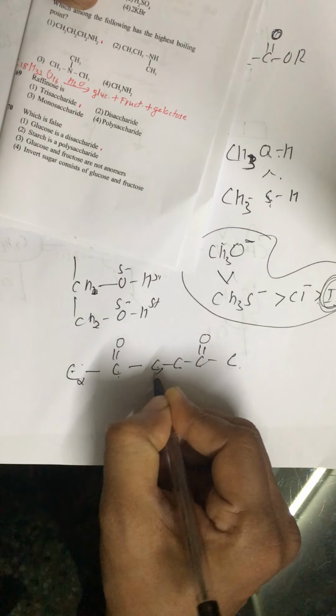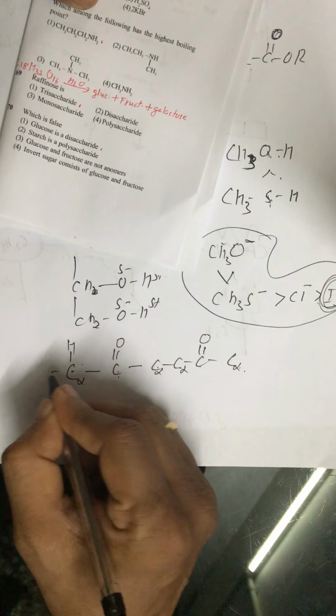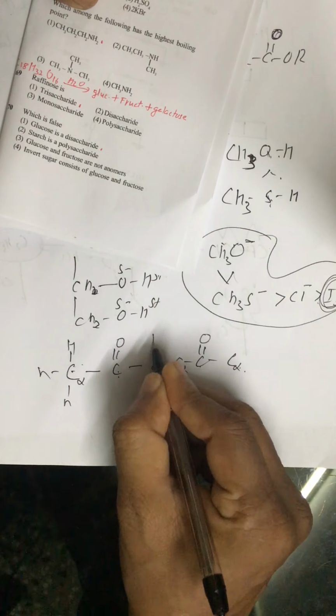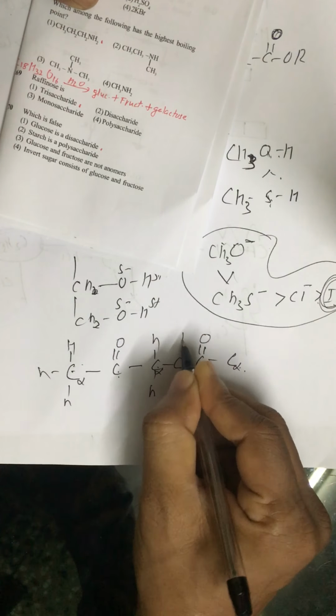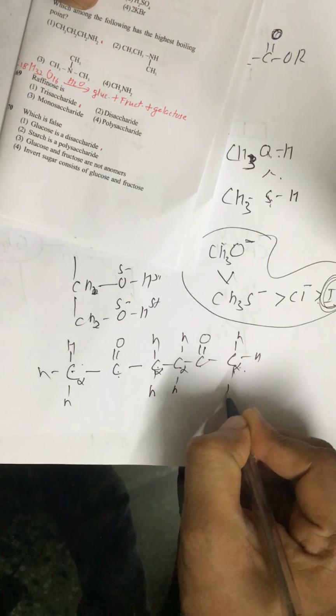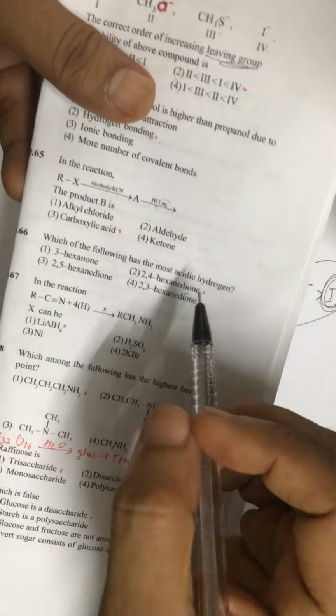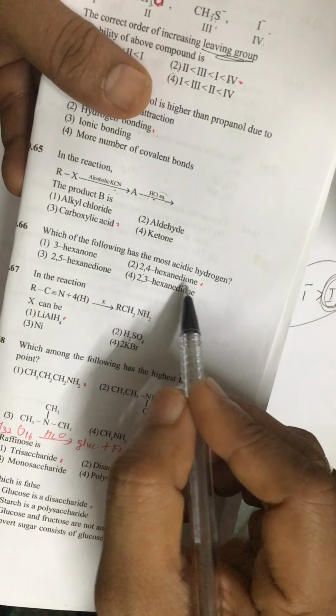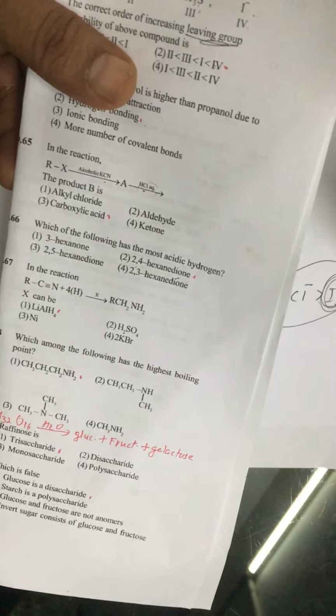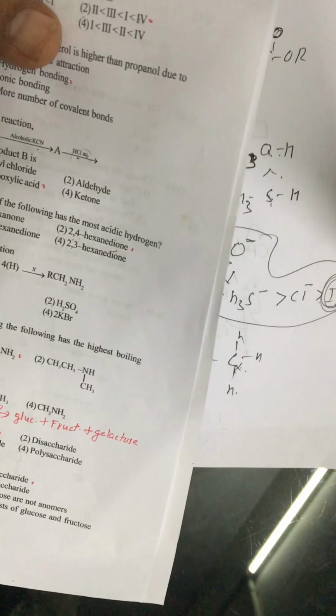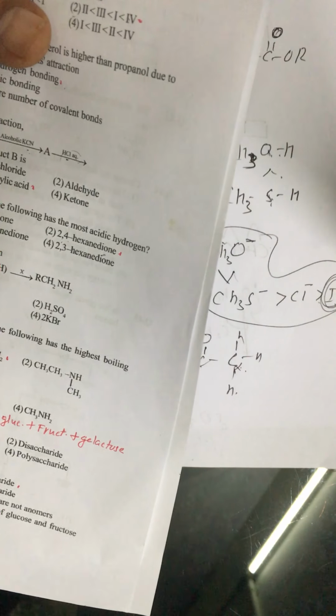This is an alpha carbon, this is an alpha carbon, this is an alpha carbon, this is an alpha carbon. So we have the greatest number of alpha hydrogens which can be removed as H positive. So the greater the number of alpha hydrogens, the greater is the acidic strength. So the correct answer is the second option.